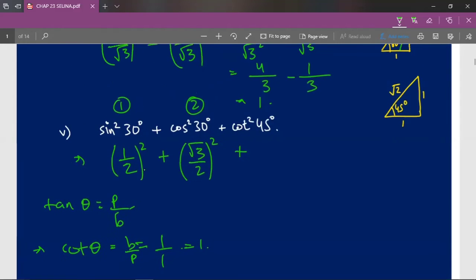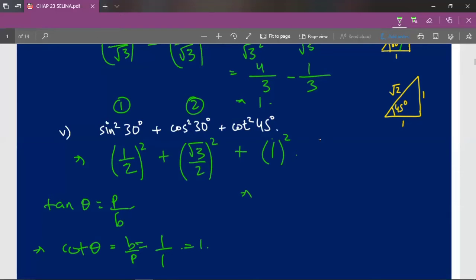So therefore cot 45 degree is equal to 1, and cot square 45 will be equal to the whole square of 1. So our final statement will be 1 upon 2 whole square plus root 3 upon 2 whole square plus 1 whole square.